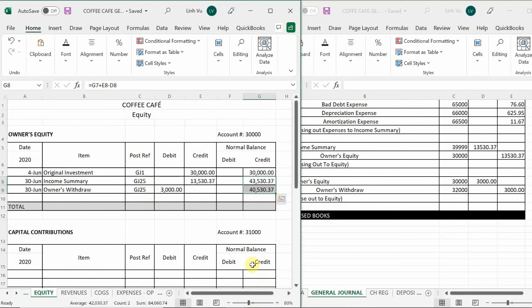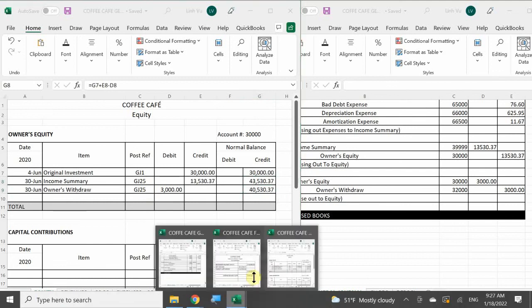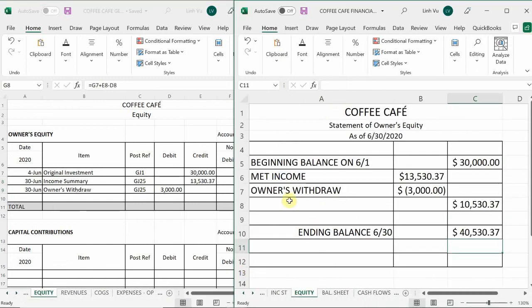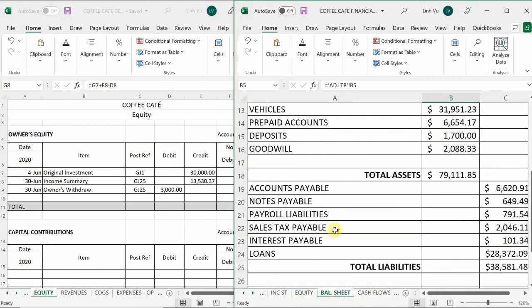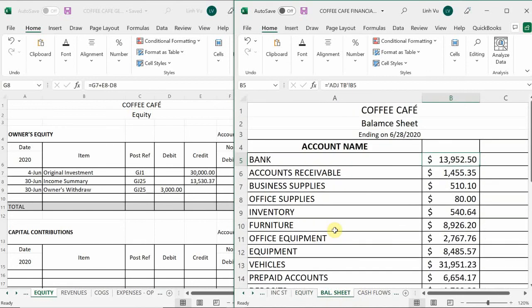Now in this case, since my post-closing trial balance, right, we solved what profit was. We closed out all of our income and our owner's withdrawal, and we figured out that my equity is going to be $40,530.37. So what I'm going to do is this is going to be exactly identical to my balance sheet, right?